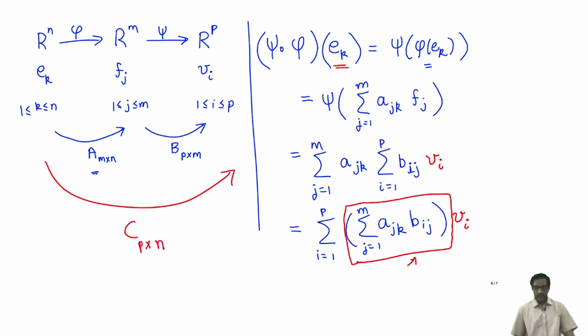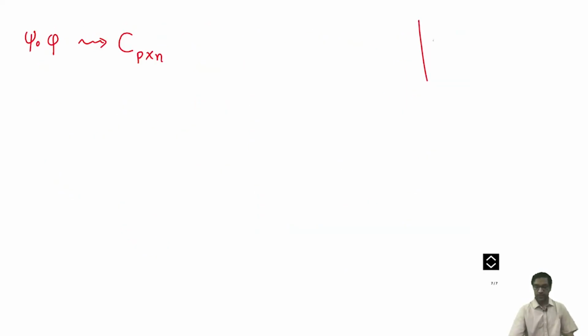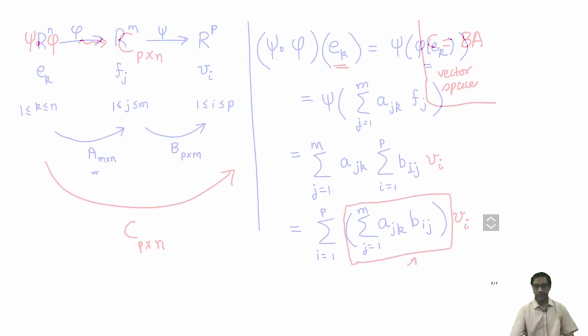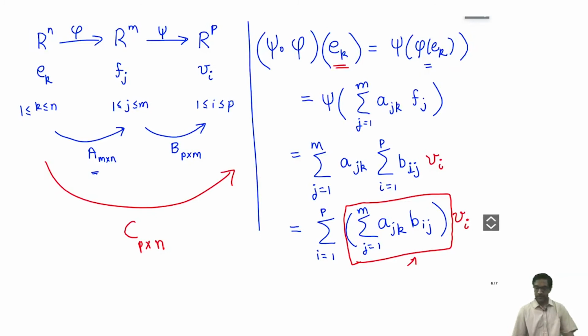Okay, now if you remember how things work in the case of vector spaces, we would just say, oh, that matrix C is known, it's just a product of the two matrices B and A, right? This is how it works when you compute matrices of linear transformations in the case of vector spaces. But now observe that our answer isn't quite that.